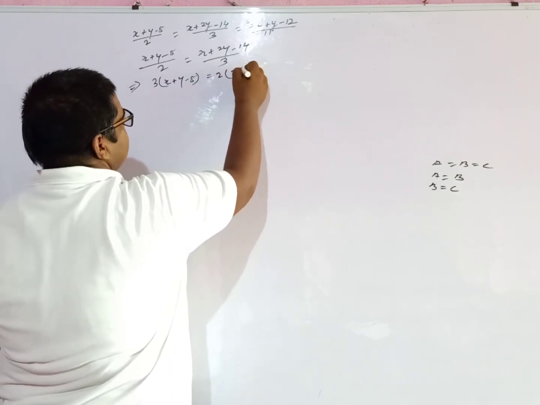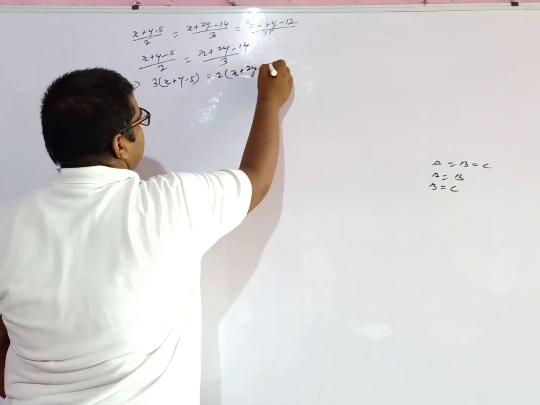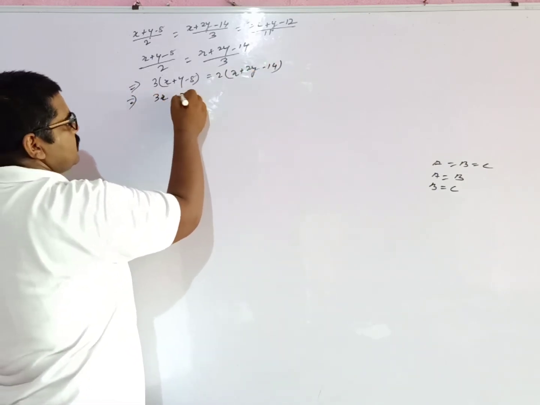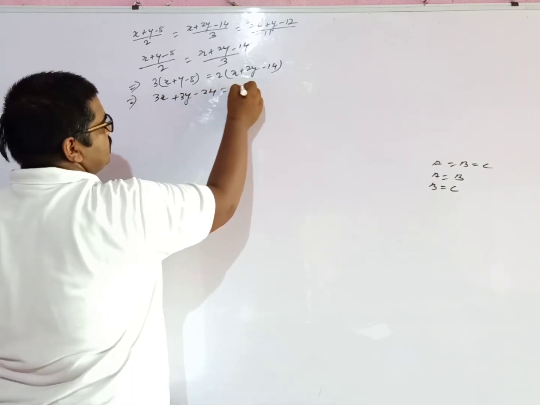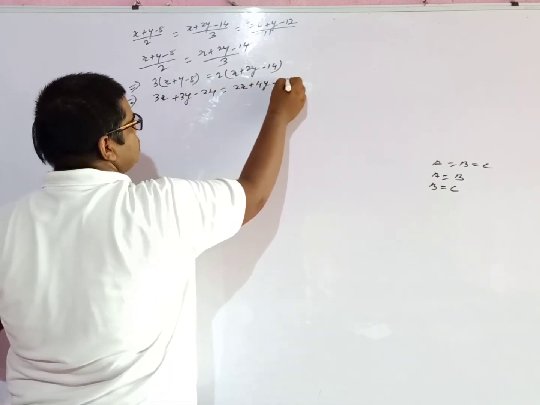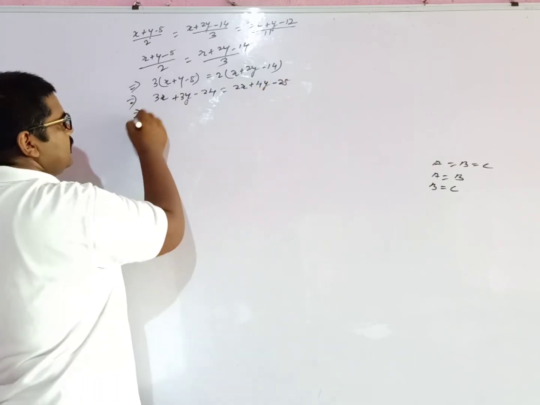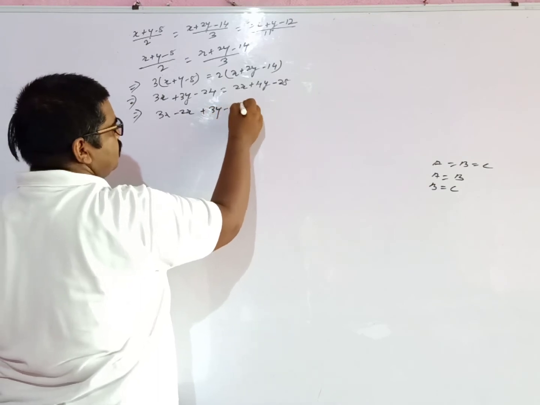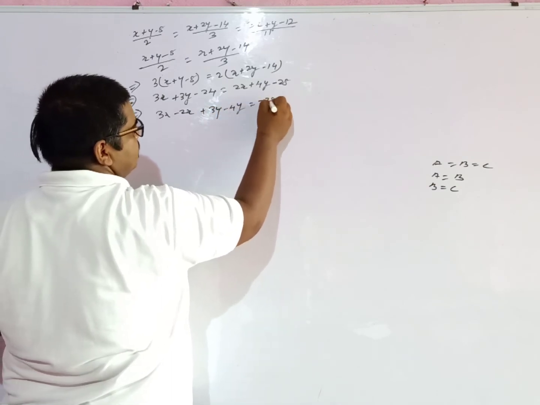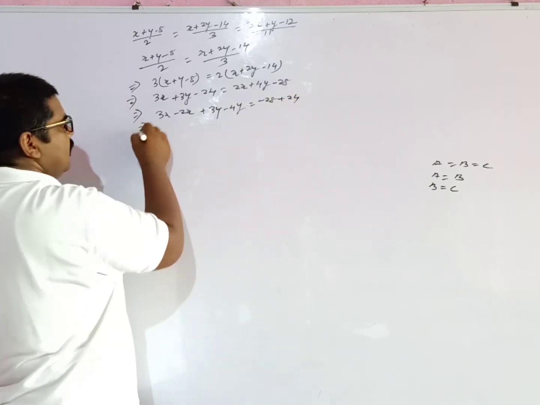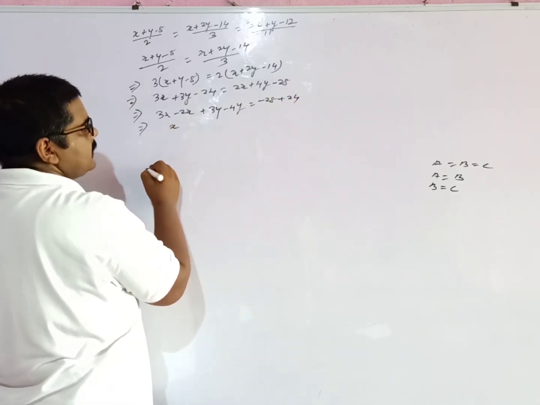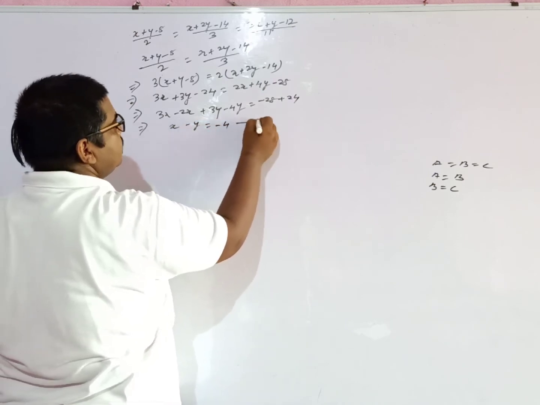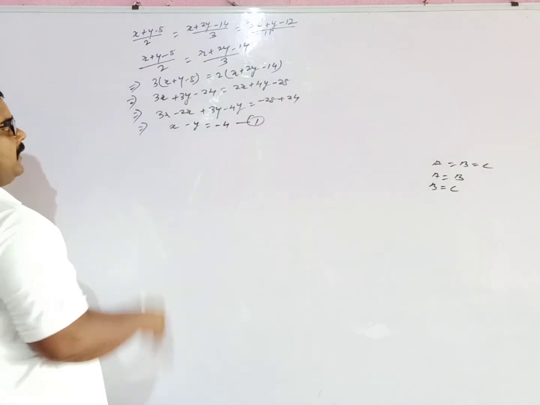So 3x plus 3y minus 24 is equal to 2x plus 4y minus 28, and after that 3x minus 2x plus 3y minus 4y is equal to minus 28 plus 24, and you get x minus y is equal to minus 4. This is considered as equation first.